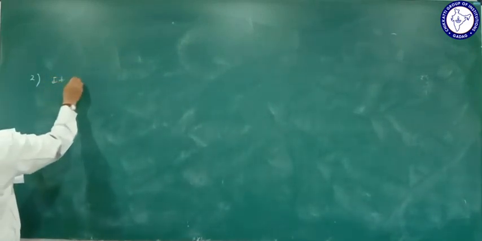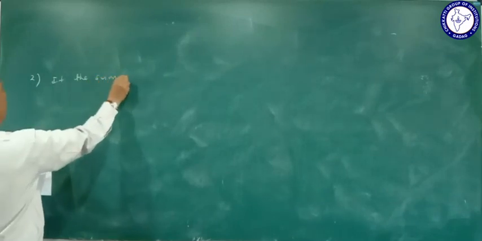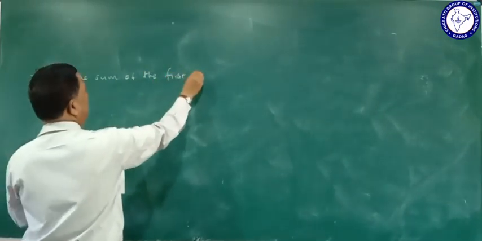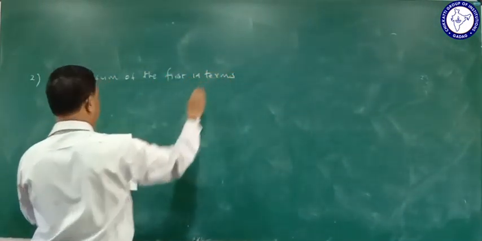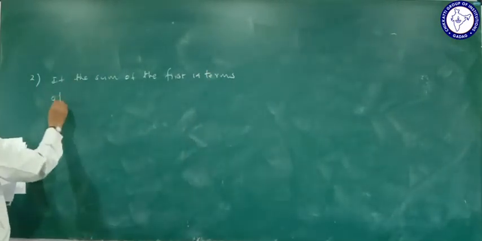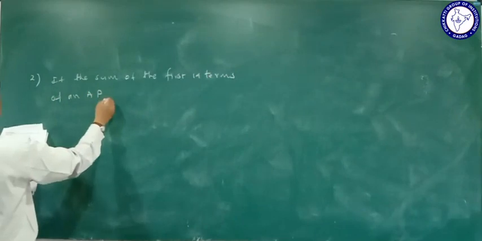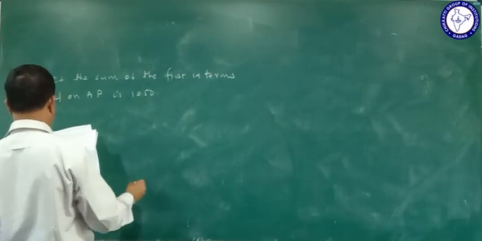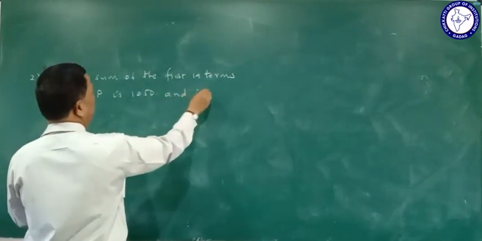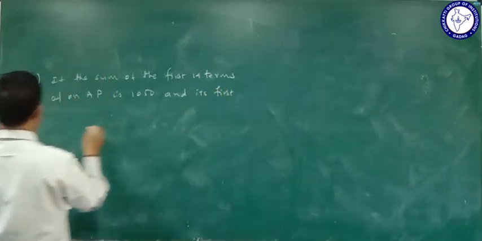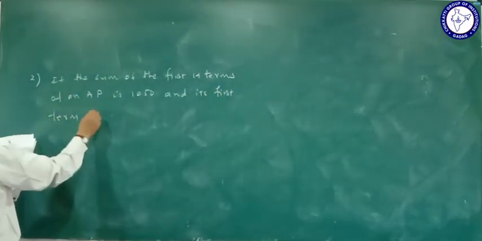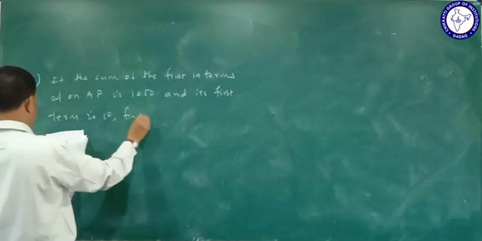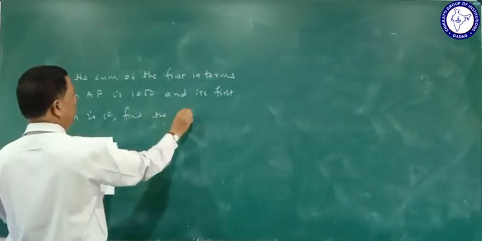Try to understand: if the sum of the first 14 terms of an AP is 1050, and its first term is 10, find the 20th term.